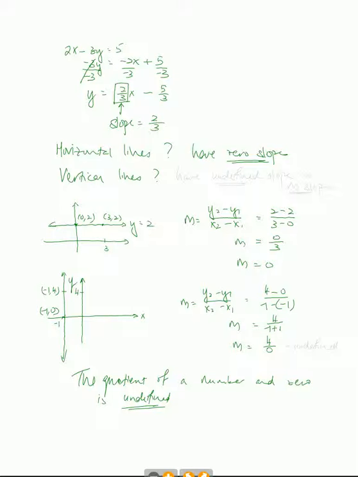So when you have 4 over 0, that's undefined. So now we have it. Vertical lines have undefined slope. Sometimes we also say it as no slope, which means the same as undefined slope.